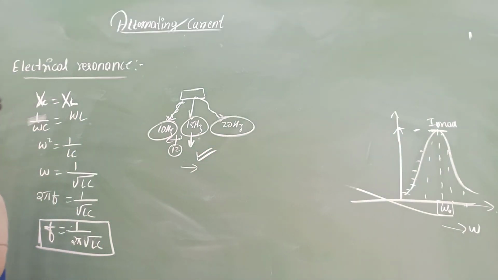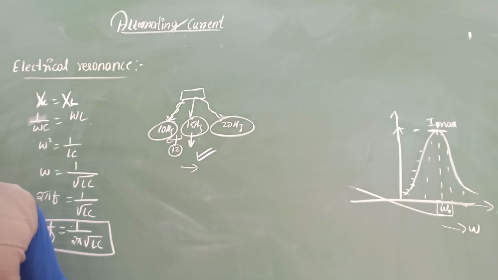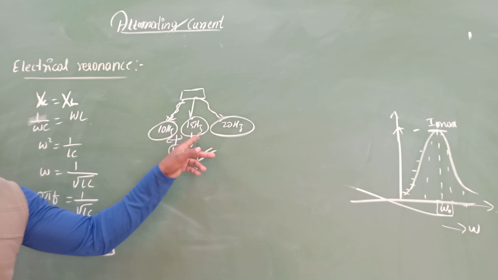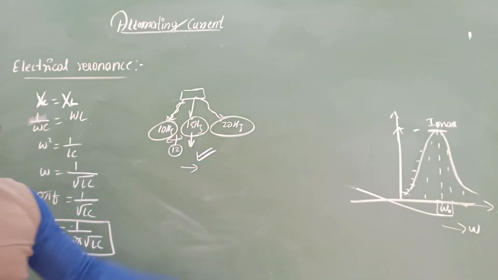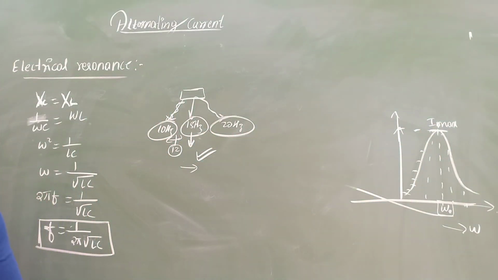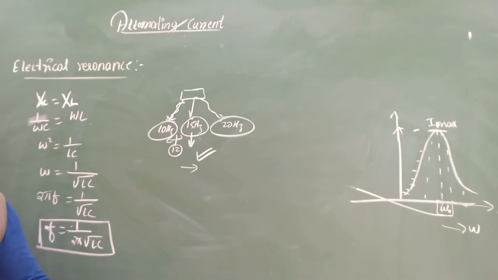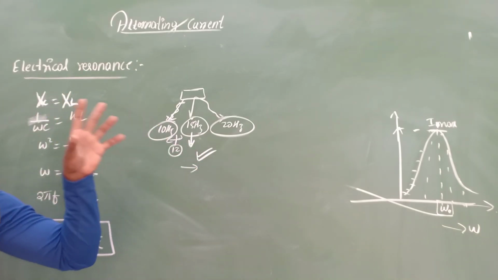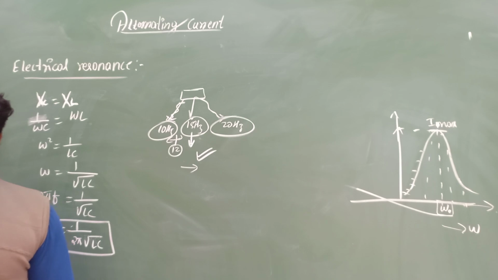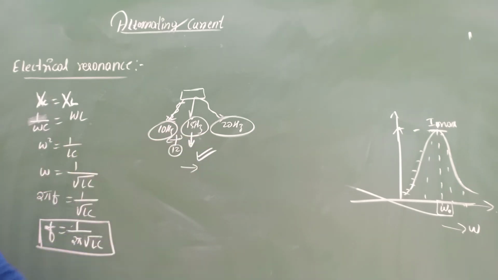Otherwise you will not get proper audio because there is noise. Why that noise, sir? Because at that particular value of frequency you are going to get the maximum current, and that is a different thing. But still, if the power is maximum, then you are going to get the proper value. Okay, so this is all about the resonating frequency.